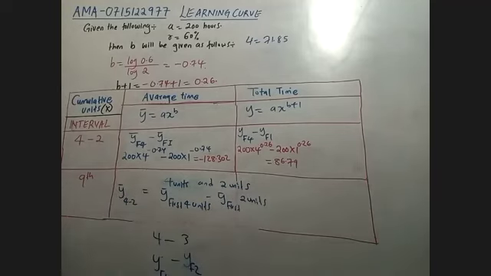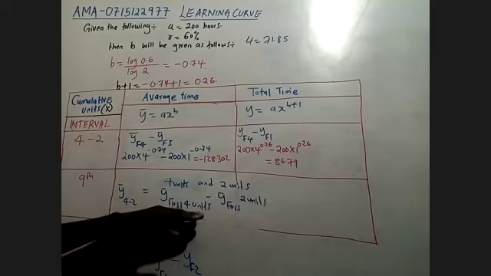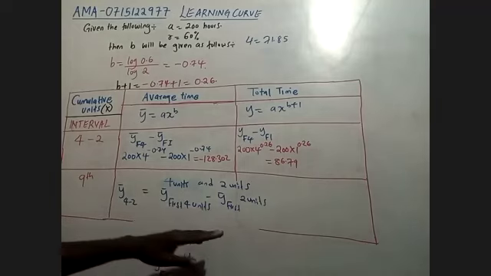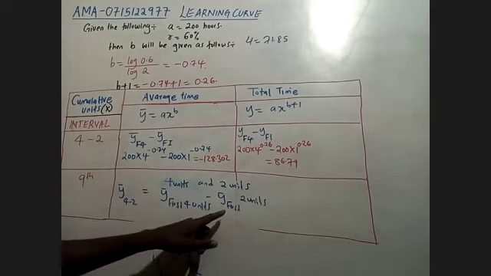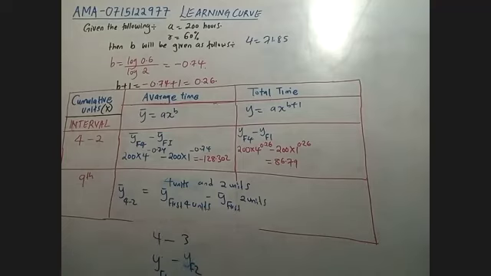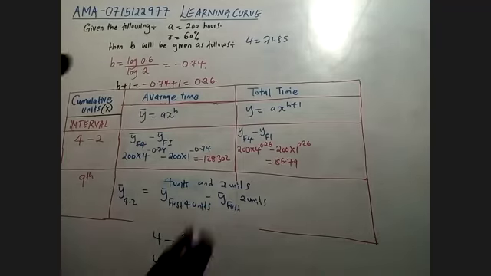Now, the average time between producing 4 units and 2 units. So in the average time of the first 4 units, we less the average time for the first 2 units.